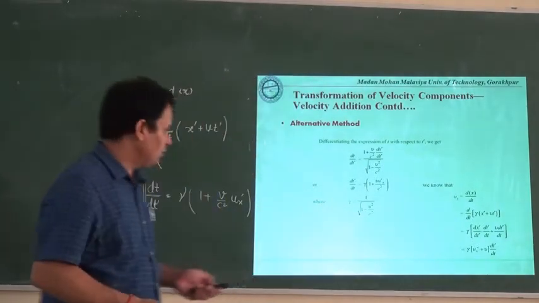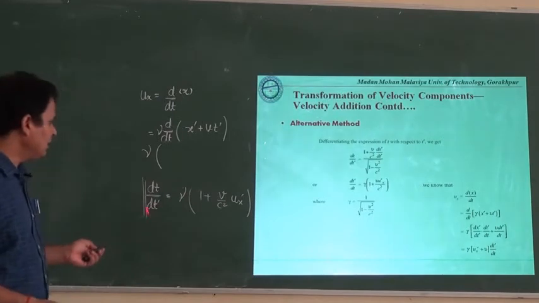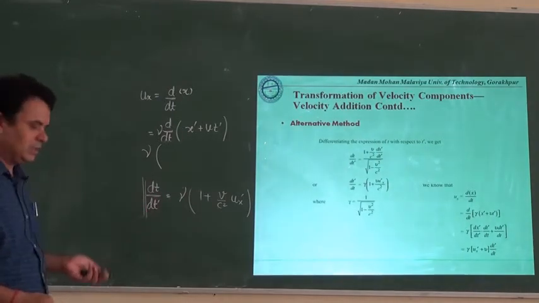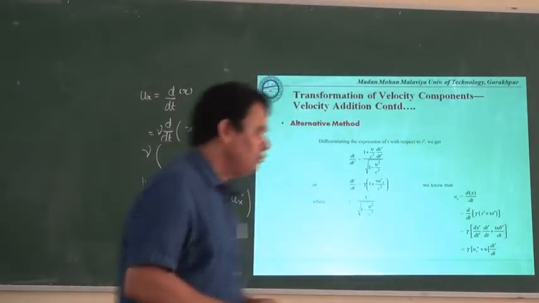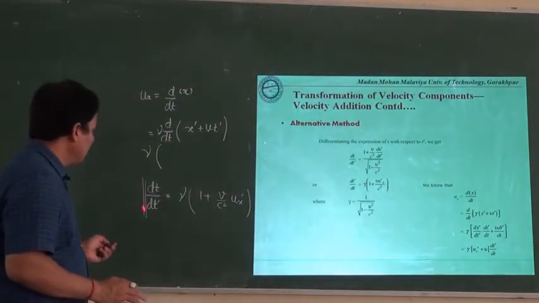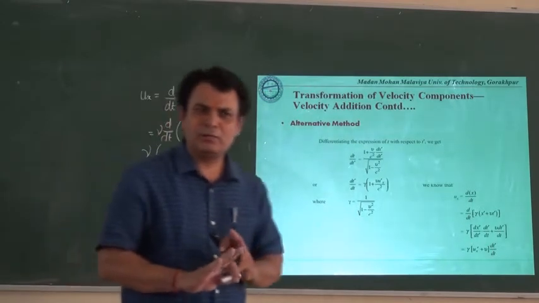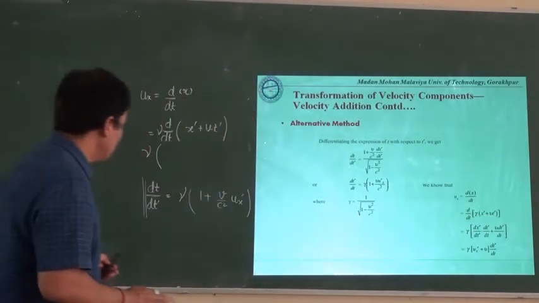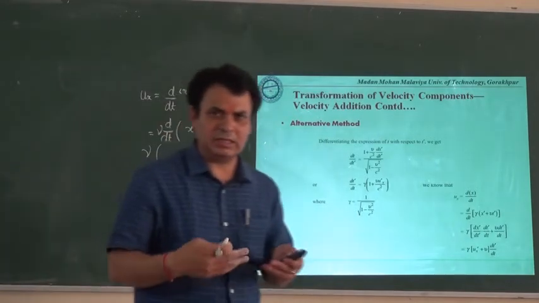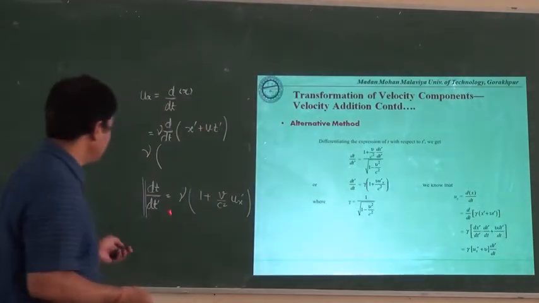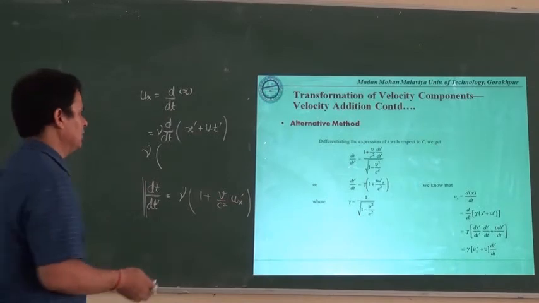A similar question you may ask, why are you writing dt upon dt dash? It also has no particular meaning. For your information, we are writing this expression not for any particular meaning, since this quantity, just as a ratio, will be required in the intermediate stage of our derivation. That's why we have computed just the value of this one.